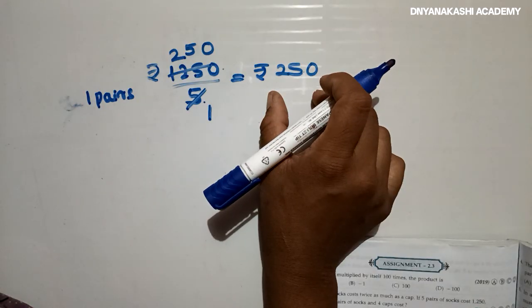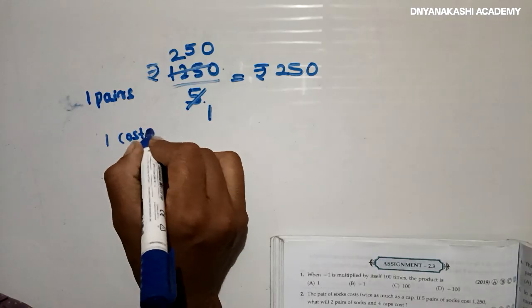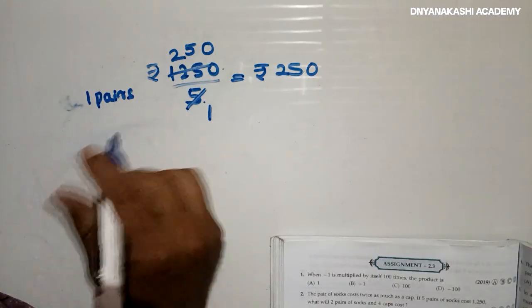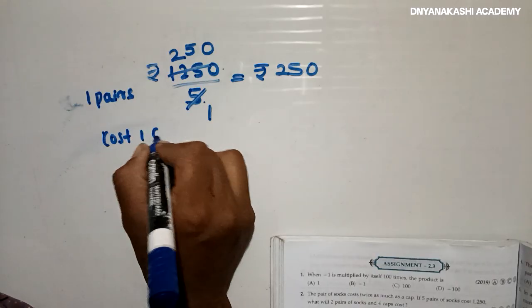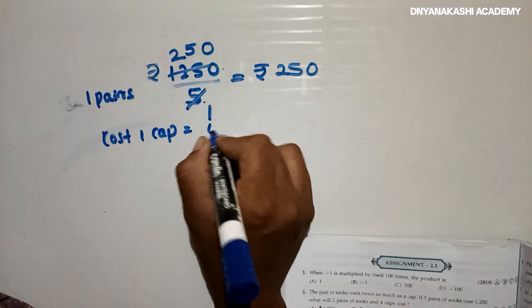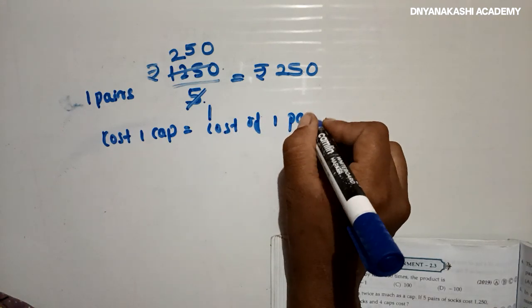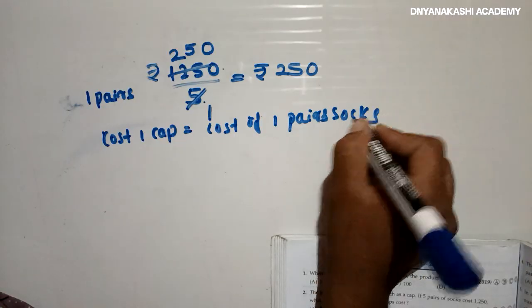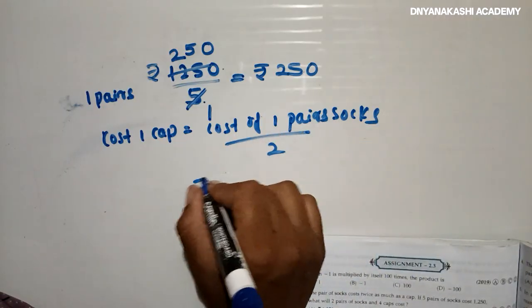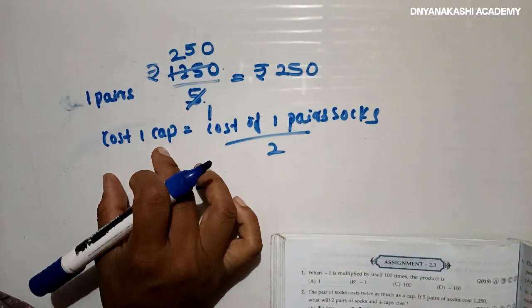Now one pair of socks value is 250. We have to find the cost of one cap. The cost of one cap is the cost of one pair of socks divided by 2. Why do we divide by 2?